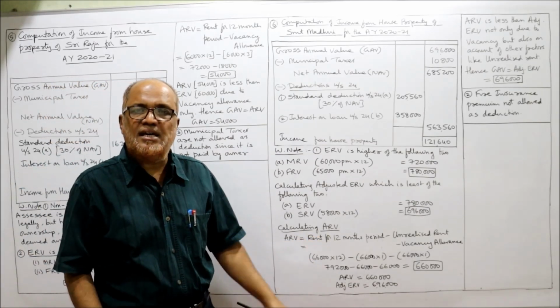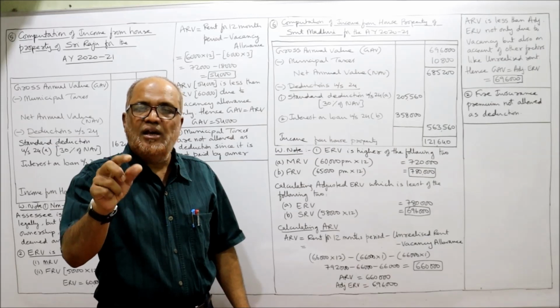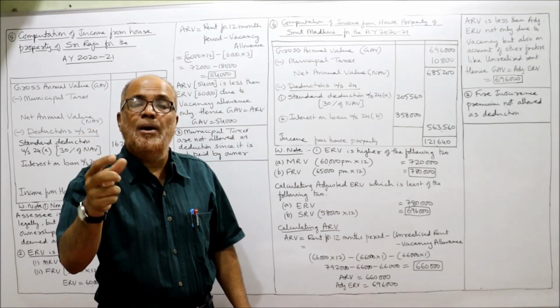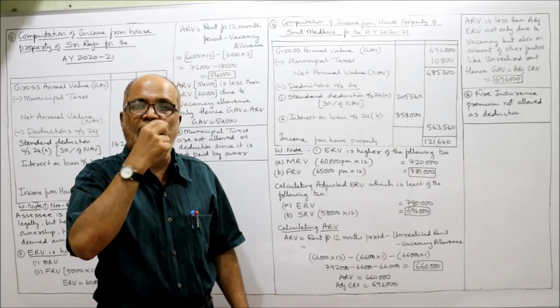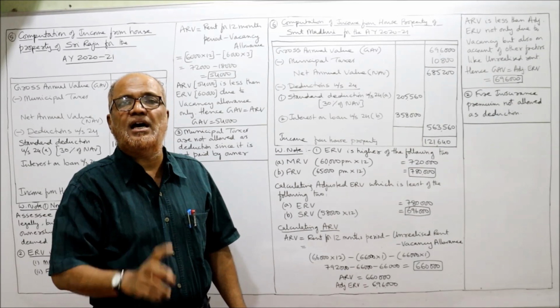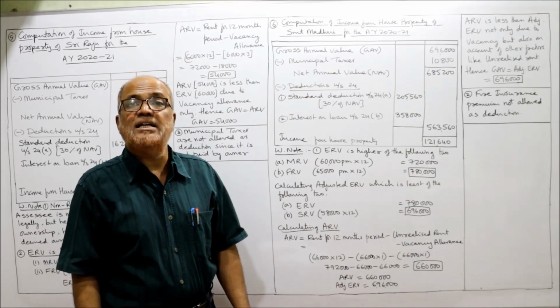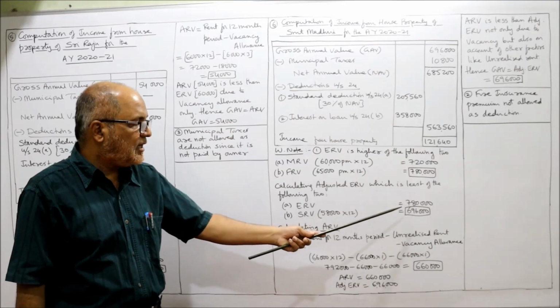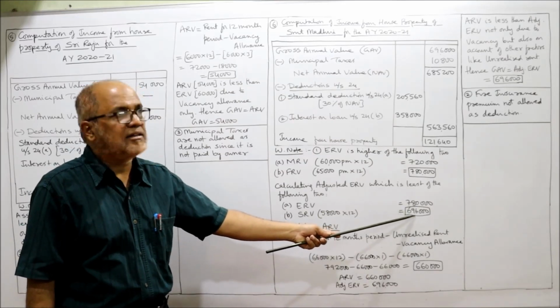But here in this case, ARV is less not only on account of vacancy allowance but also on account of unrealized rent. So in that case, adjusted ERV is the GAV. What is the adjusted ERV here? 6,96,000.